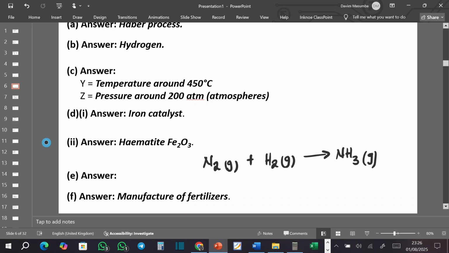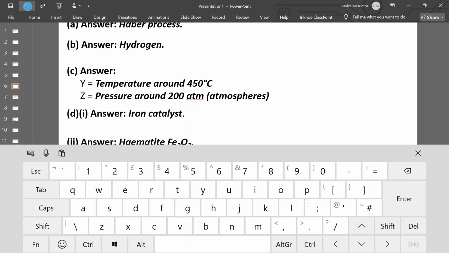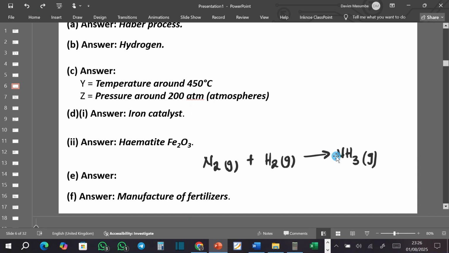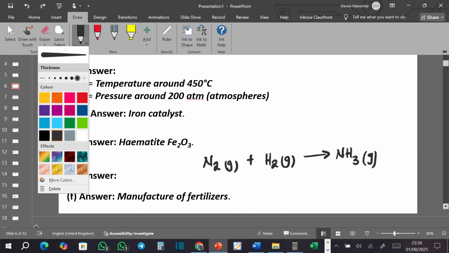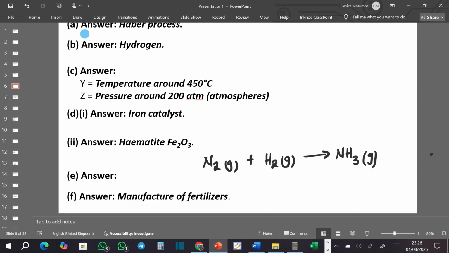Now some people like putting a 2 here, but that would be wrong. So you put a 2 in front. When you put a 2 in front here, you have balanced nitrogen: there are 2 atoms of nitrogen on each side.